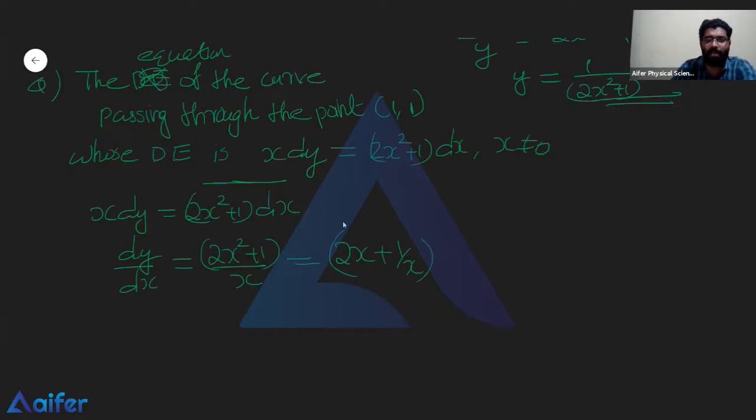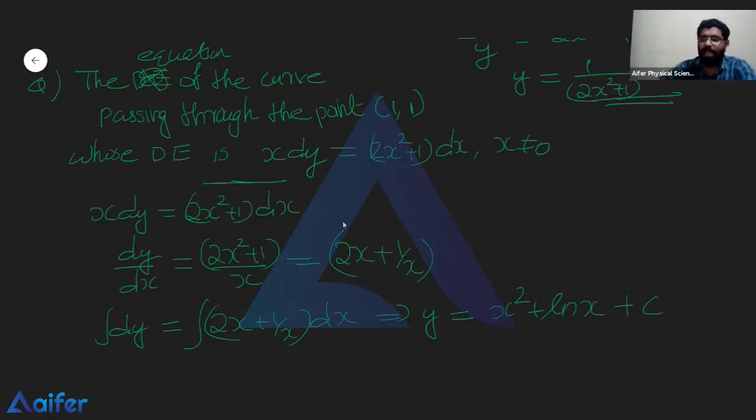I'm dividing with x on this side, so what I get is dy = (2x + 1/x) dx. Now the variables are separated. You can just integrate. That gives you y = x²/2 · 2, the 2 will cancel, so x², plus log x plus some constant c.